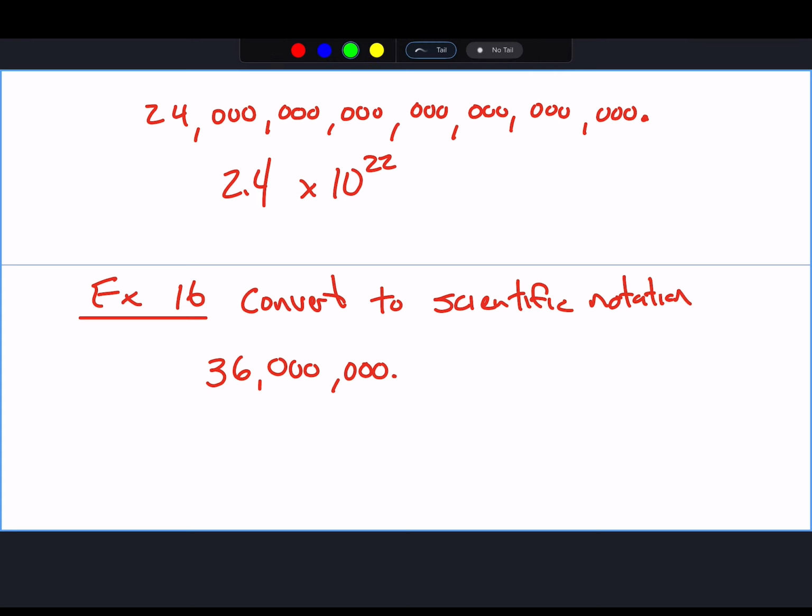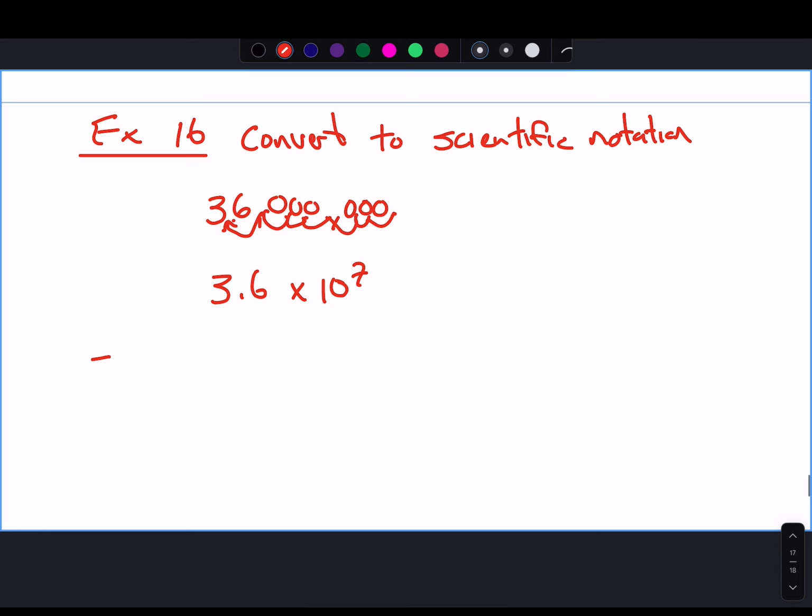Well, we move 1, 2, 3, 4, 5, 6, 7, and put the decimal there. So we'll have 3.6 times 10 to the 7 power. Now this would work exactly the same way if we had zeros in front of the decimal. You always want to have one digit to the left of the decimal in your final scientific notation. If you have to move the decimal to the right, you'll end up with a negative exponent. Any questions?